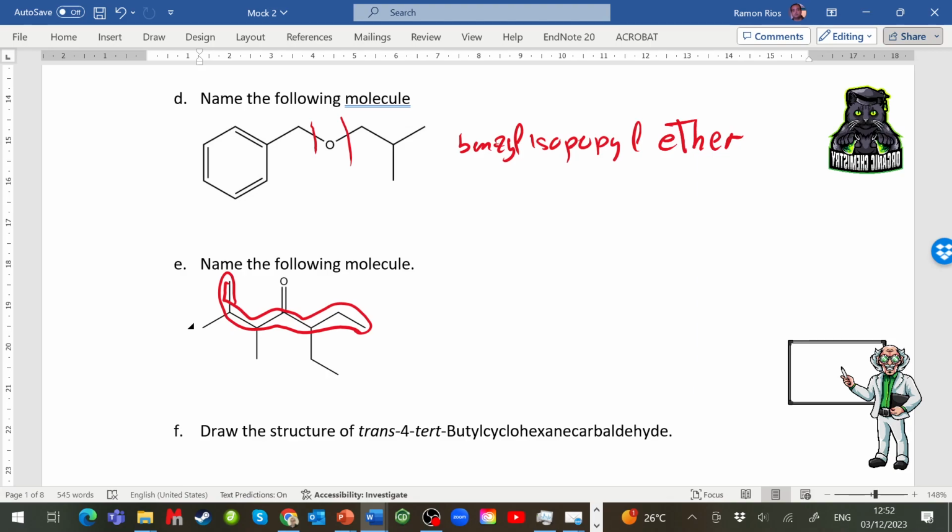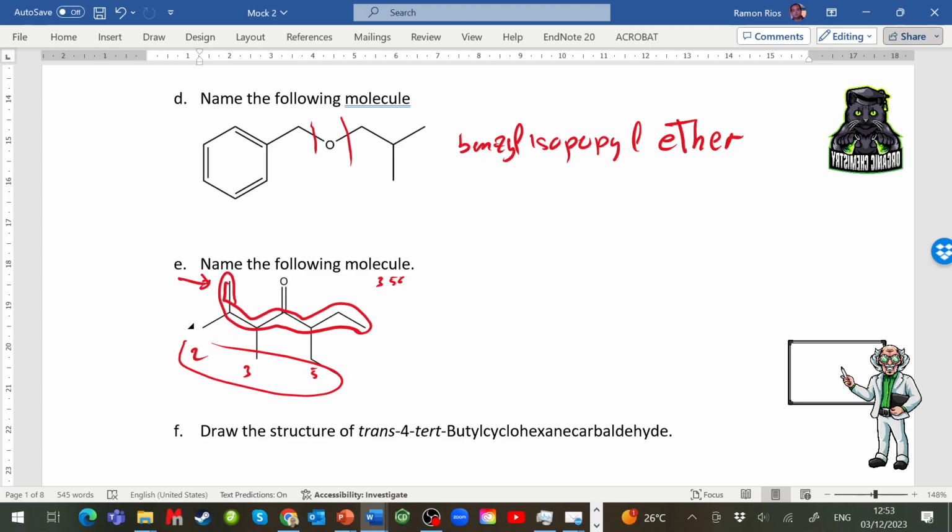We go for the next rule: we start from the side that has the lower numbers for the substituents. If I start from here, I have 2, 3, 5. If I start from here, I have 3, 5, 6. Obviously this is better, so I will start from this position.